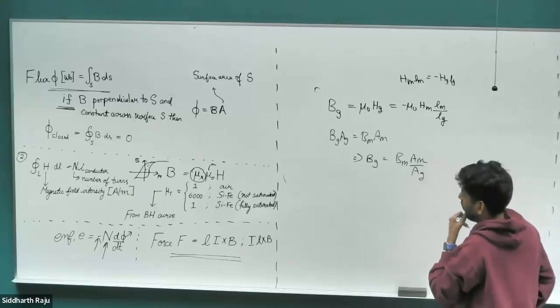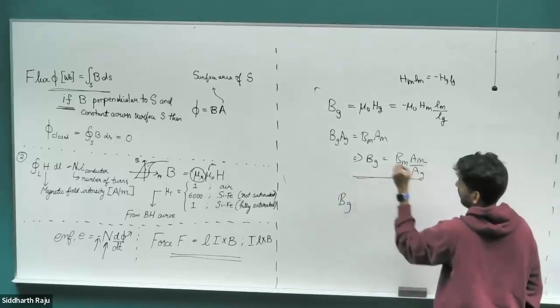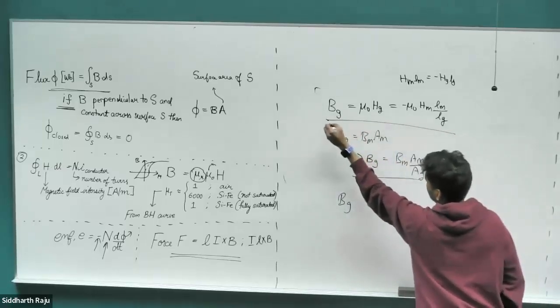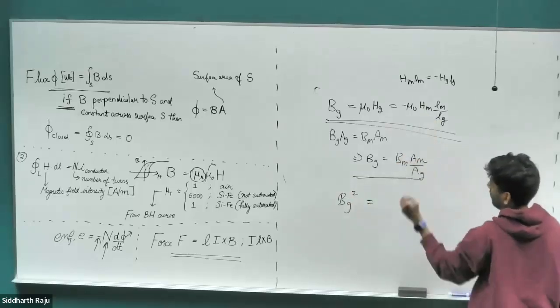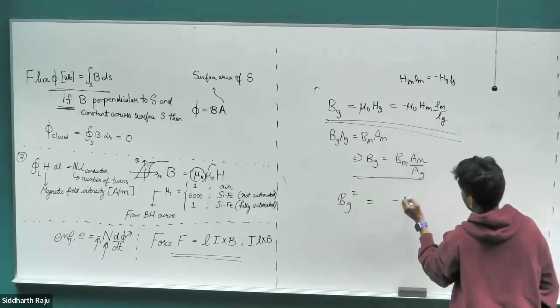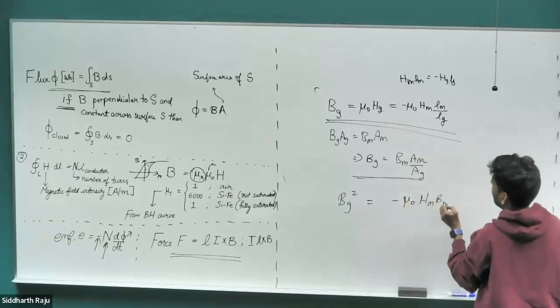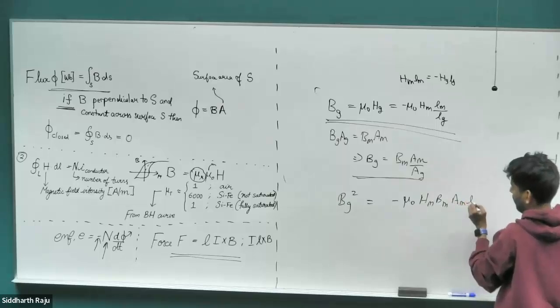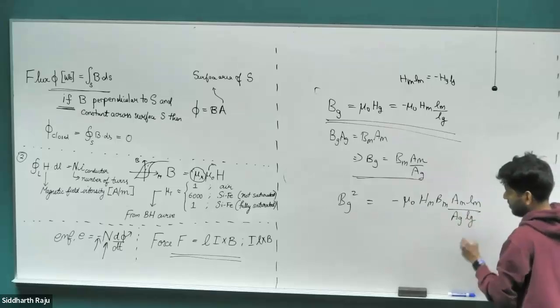Let me take the product of the two expressions. They are both the same Bg, so Bg times Bg becomes Bg squared. This product becomes minus mu naught Hm Bm Am Lm divided by Ag Lg.